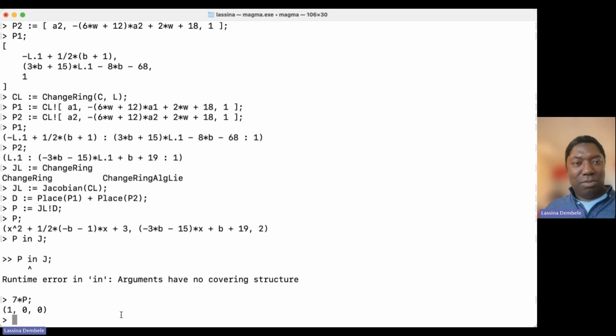Because here we checked that on each of those finite fields there was a point of order 7, and that showed us that there is actually a global point of order 7. And there are a lot of things like this that you would encounter if you were to work with Abelian varieties. Like, you can learn a lot from global Abelian varieties by working with Abelian varieties over finite fields.